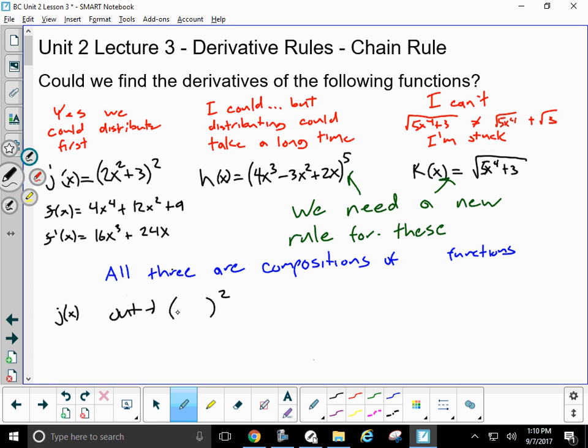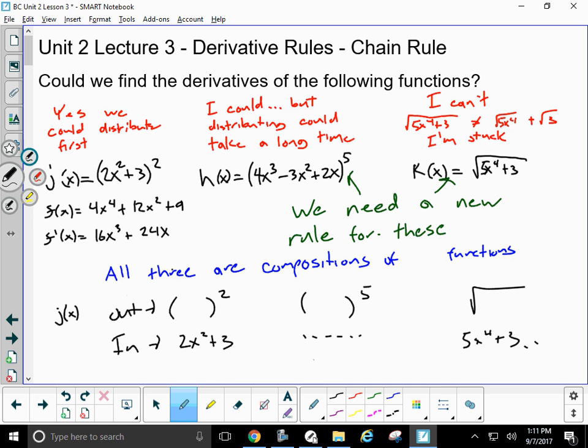It's like x squared. And the inside is the 2x squared plus 3. The h has stuff being taken to the 5th power, and then we have all the stuff inside of that. The k has the square root on the outside, and then the stuff on the inside.